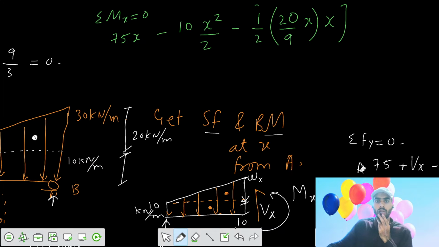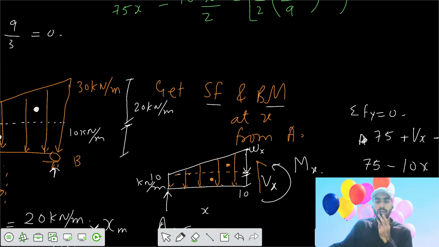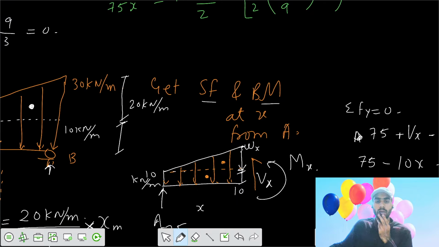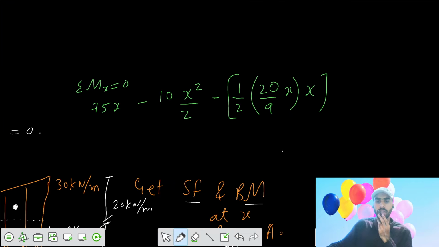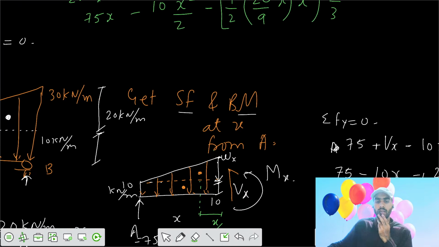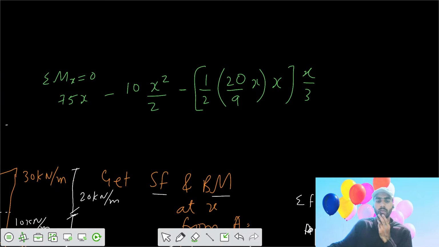So this load is acting at a distance of x by 3 from that section x, and the moment here was, we assumed, an anti-clockwise moment of Mx.